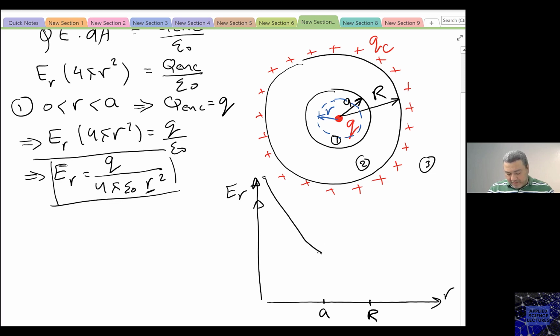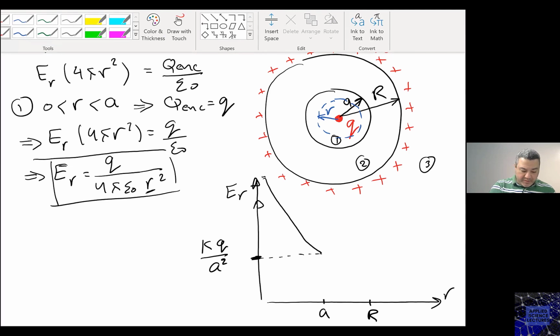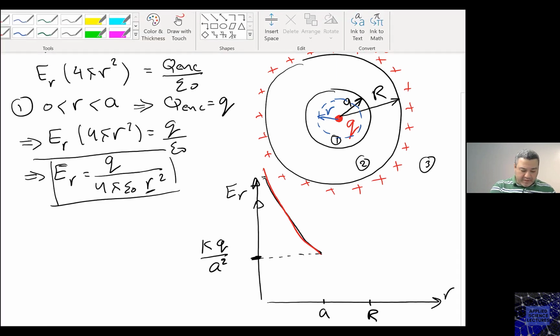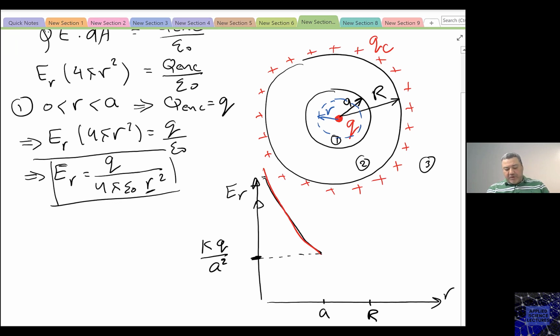So at r equals a, since 1 over 4 pi epsilon naught is K, it will be K Q over a squared. This is the value of the electric field right at radius equals a. Now the next step is the second region.